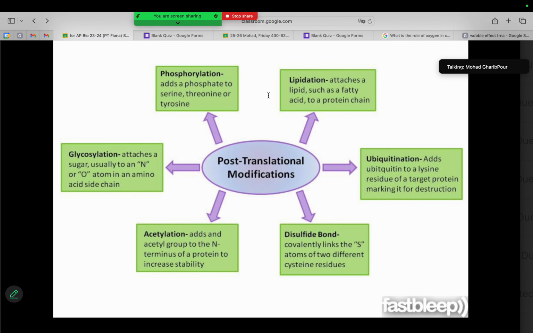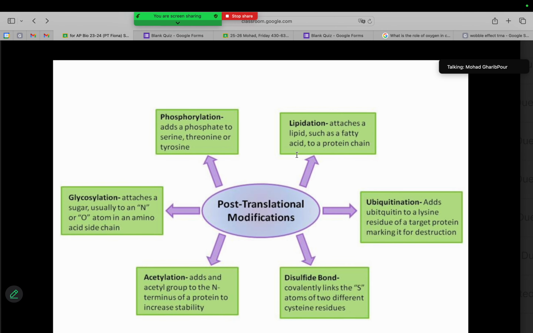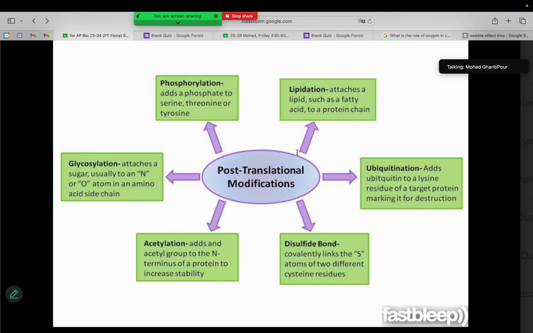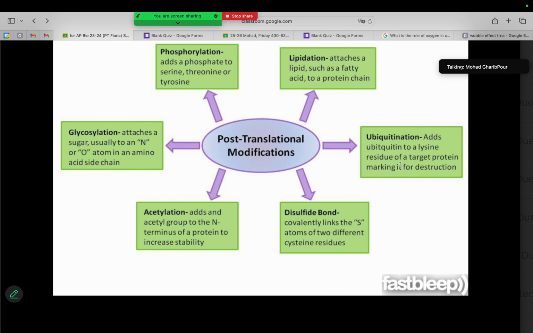Okay, so this is a good list of all the post-translational modifications. Lipidation, adding a lipid. Ubiquitination adds a ubiquitin to a lysine residue, marking it for destruction.